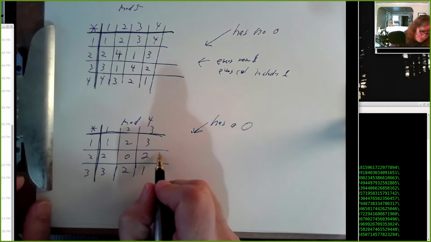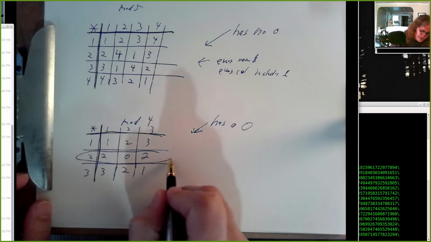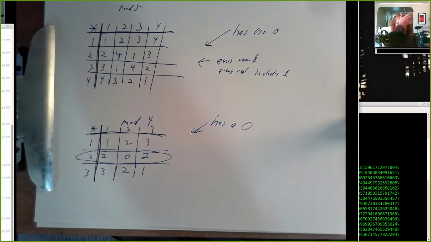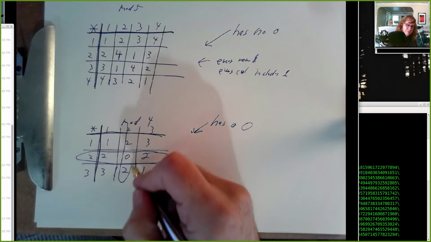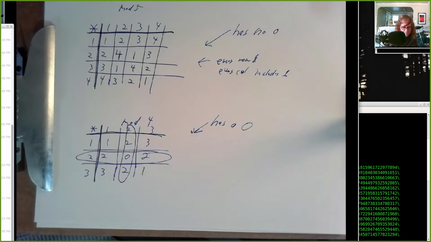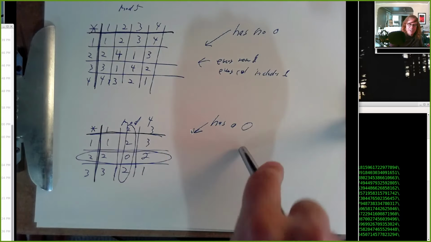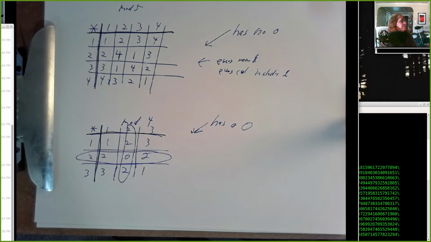But in this table, for example, this row does not include a 1. And this column does not include a 1. And that's related to the fact that this row and column contains a 0. So someone says that's because 4 is even and 5 is odd. That's part of it, but it's actually even cooler than that.